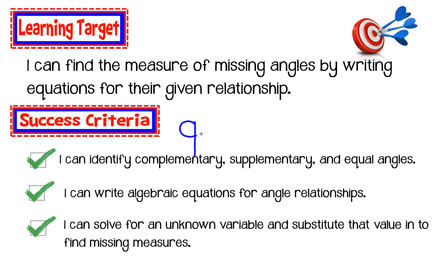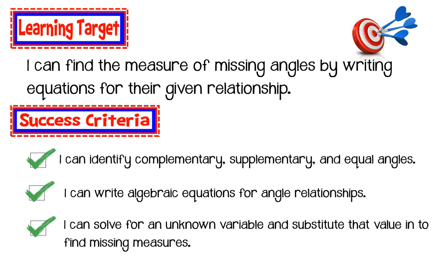Complementary starts with a C. Did you see that? C. And I turn it into a 90. Supplementary is 180 degrees, right? Complementary is 90 degrees. And equal angles mean they are the same.